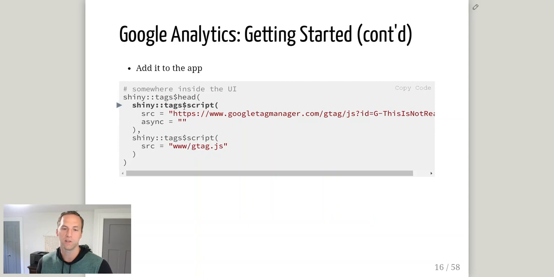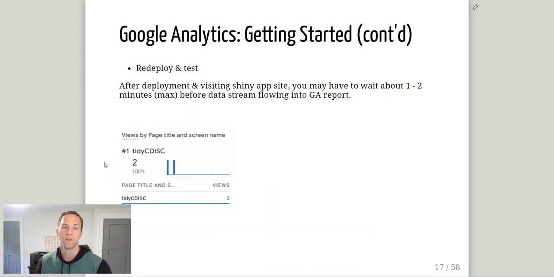The first one is going to source the Google Tag Manager URL, and you're just going to make sure that you include the async argument with an empty string. And then the next one is going to run a static script that you've stored maybe in your www folder for your application. And that's it. So all you need to do now is redeploy and test the application.